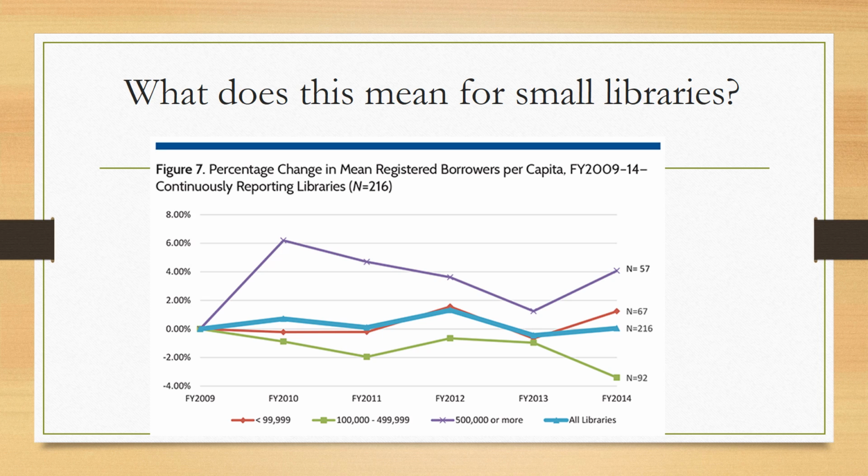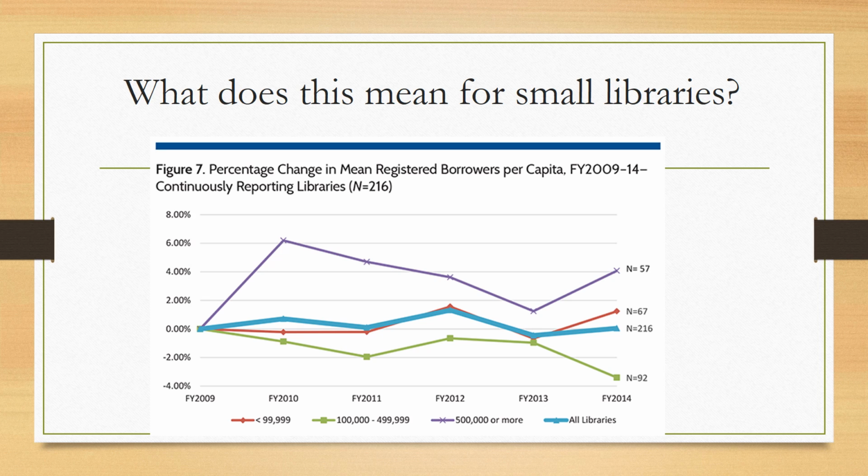So remember, we are in competition with a lot of people. Medium-sized libraries often serve the sort of middle class to upper middle class, people who have resources, and they can purchase their own resources now quite easily without having to go to the library, without having to share with other people.